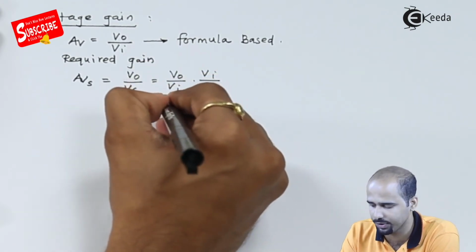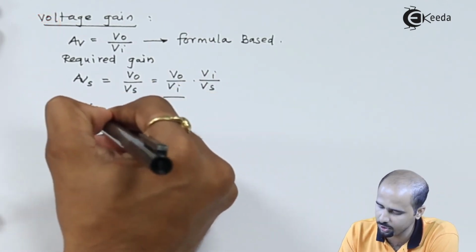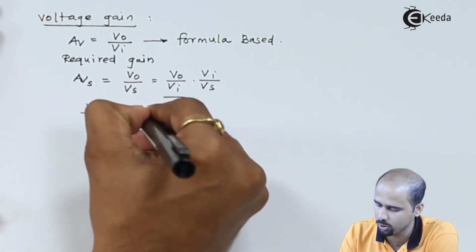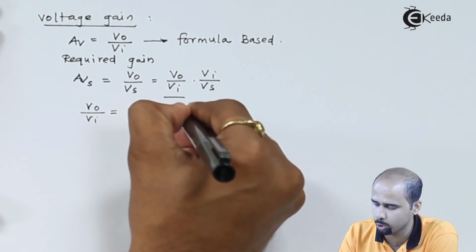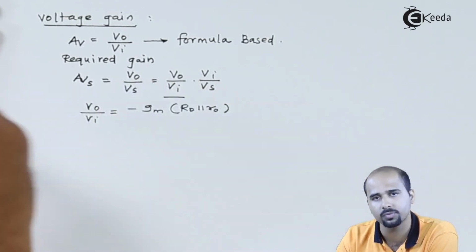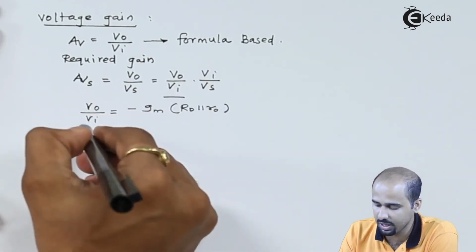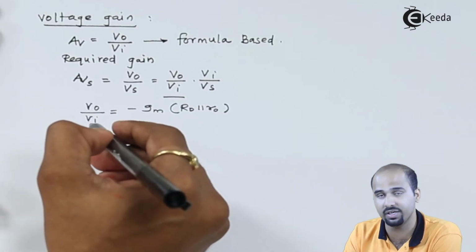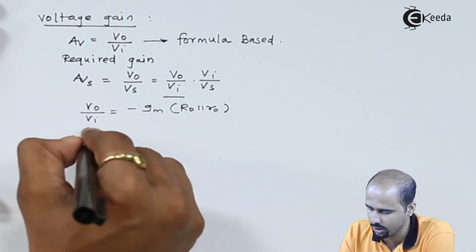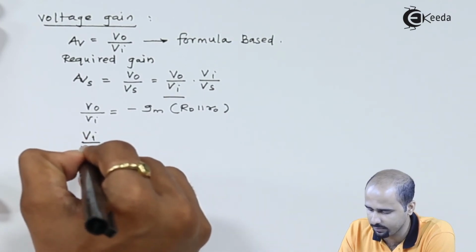I know that for the bypassed circuit, VO divided by VI is equal to minus GM into RD parallel RO, right? We can easily calculate VO divided by VI, but how do we calculate VI divided by VS?